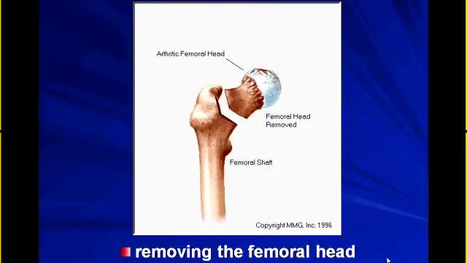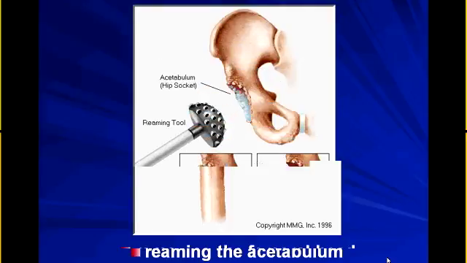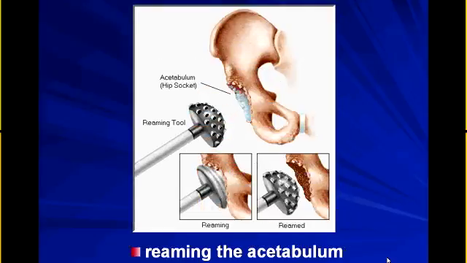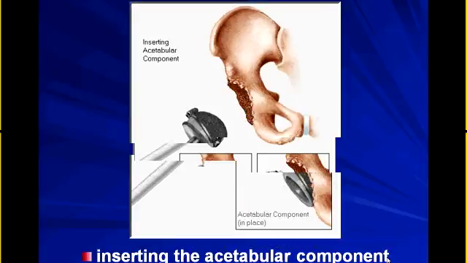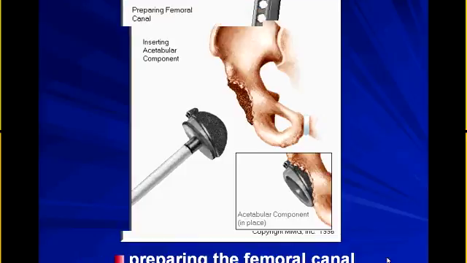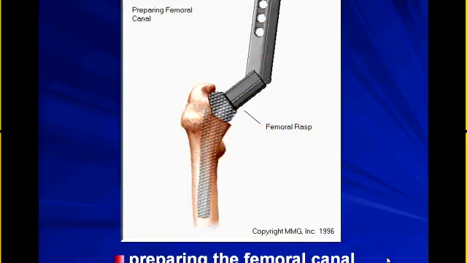So what happens surgically then is they will remove the femoral head, they remove the ligamentum teres, so that means loss of proprioception. They ream or dig out the acetabulum, and then they put in the acetabular component. Then they ream out the femoral canal, so they drill out that canal. If they're going to use cemented, it has to be wider, and if it's uncemented, they'll have a narrow canal.